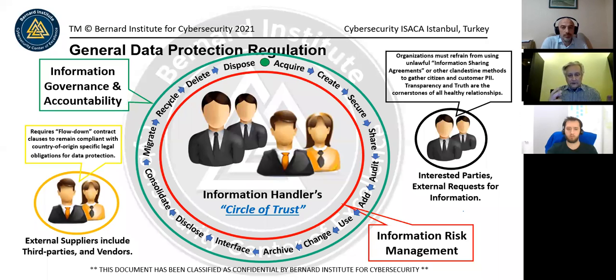They share private information. And these are all secondary purposes, because the reason why they collected that information was to provide a service to the citizens. But now all of a sudden they're sharing it with other people. And of course, you're not aware of this. But I'm telling you, information sharing agreements are something that should be reviewed and considered. And other clandestine techniques to gather personally identifiable information.